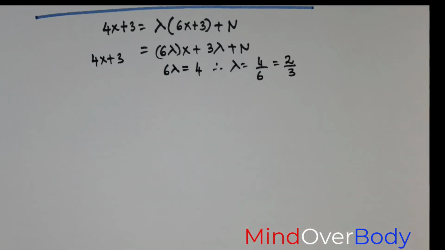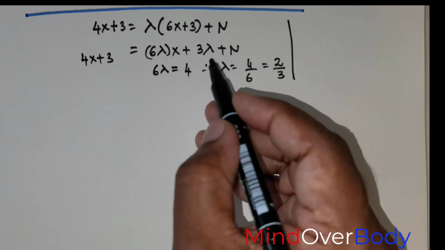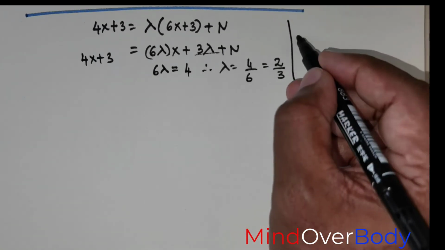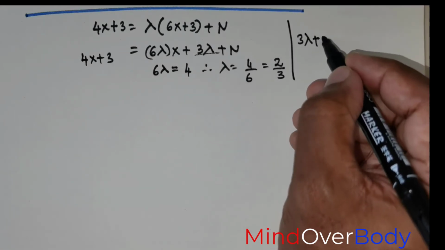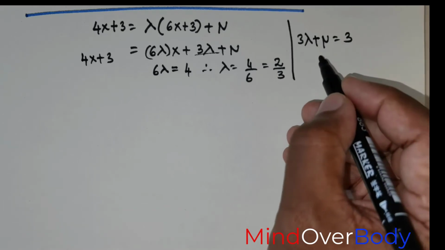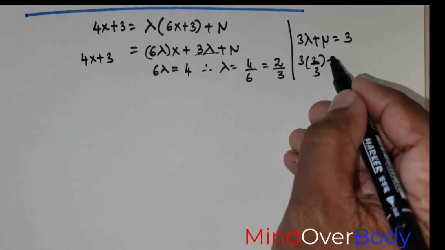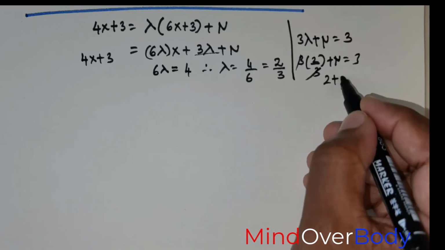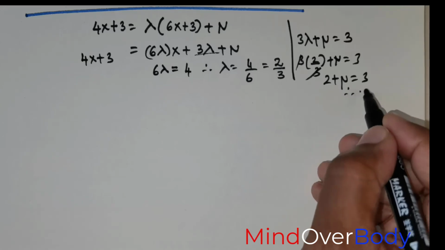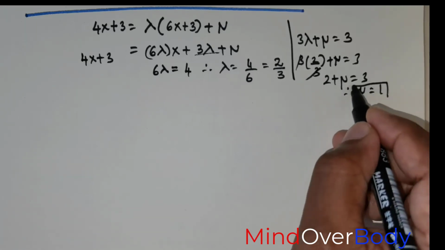And let me use the space here, and in this case the constant. So equating that, we get 3 times lambda + mu is equal to 3. My lambda is 2 over 3, and this is going to be 2 + mu is equal to 3. Therefore the value of mu will be equal to 1.